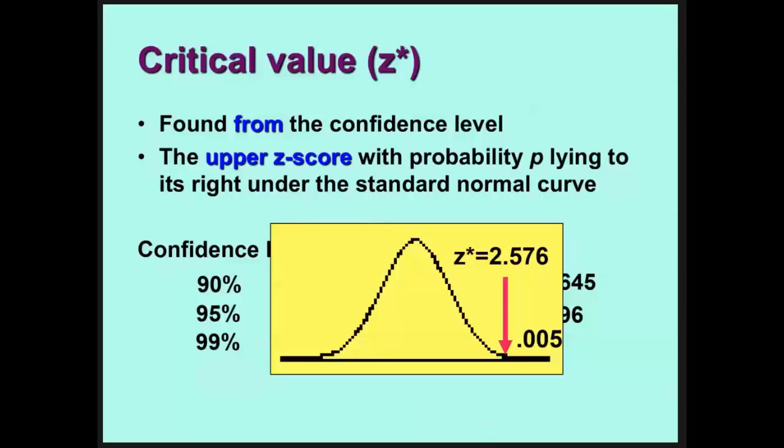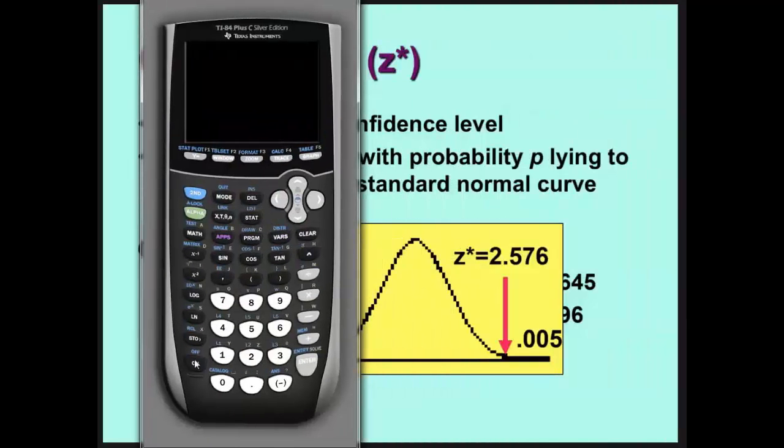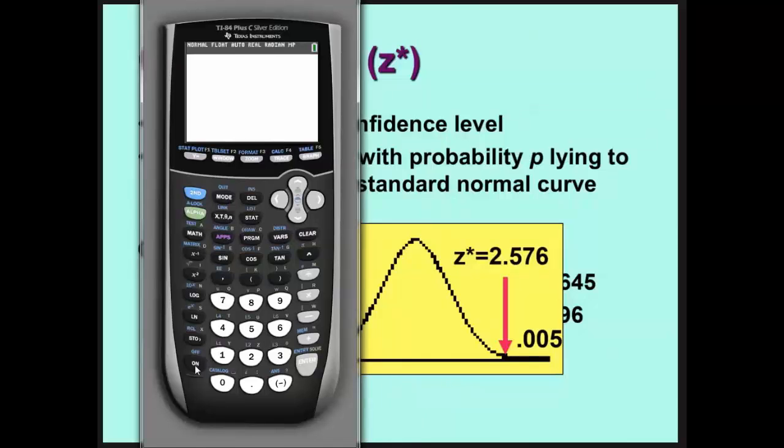I did want to make just a quick comment about calculators. If you're just dying to know which calculator you want to actually physically see the calculator screen. If I go back to our distribution, so go above vars, I want inverse norm, and we want the area.